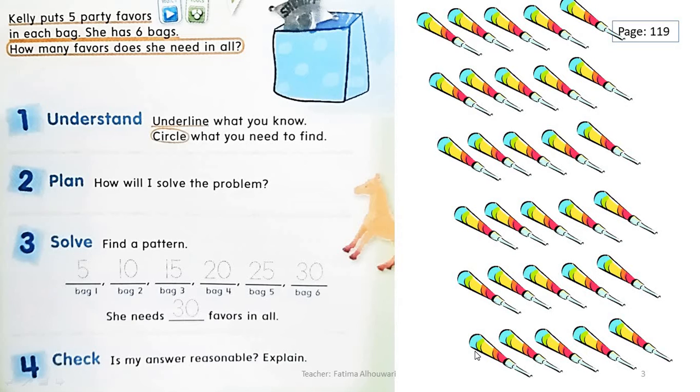So we have 30 favors in all. Great, grade 2. So, Kelly needs 30 favors in all.